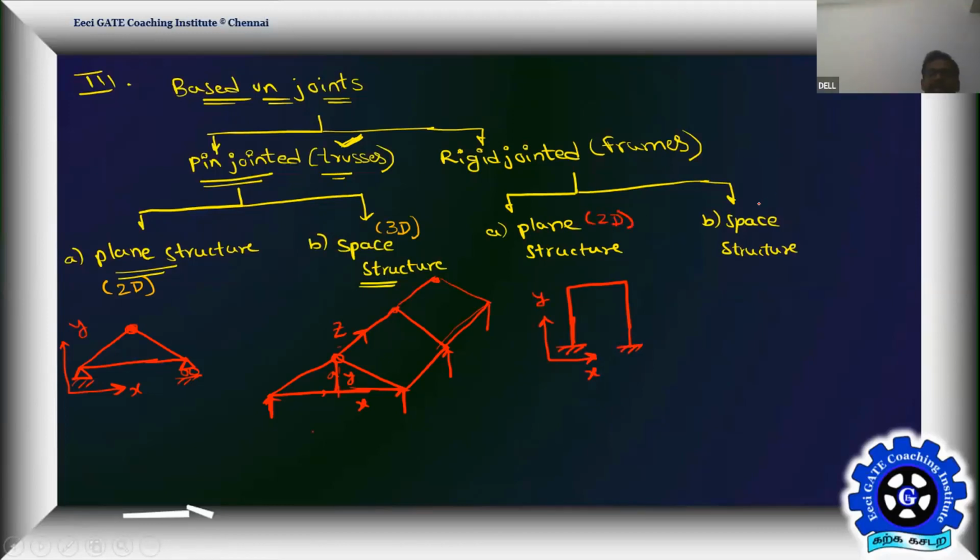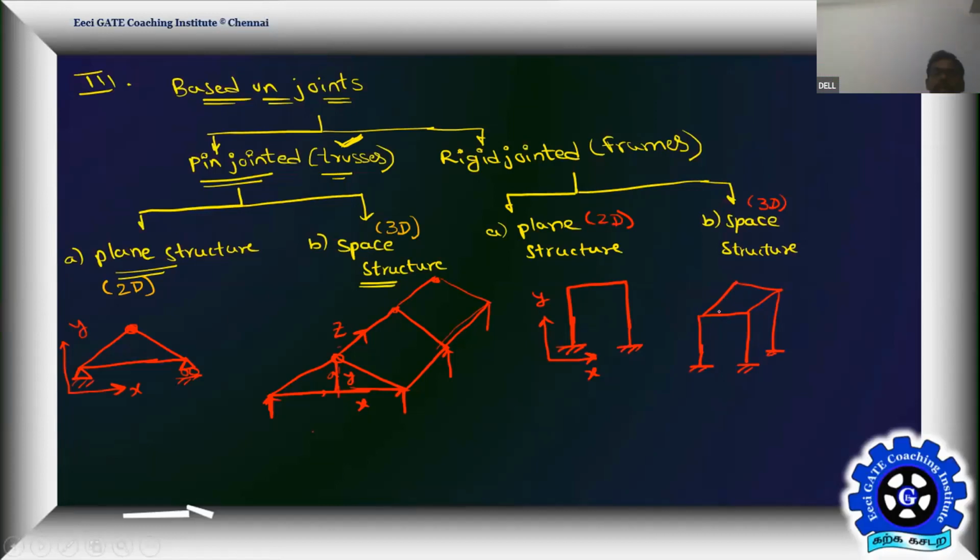Now can you draw a figure for a rigid jointed space structure? Space means 3D. Now tell me, what kind of structure is it? What is this?